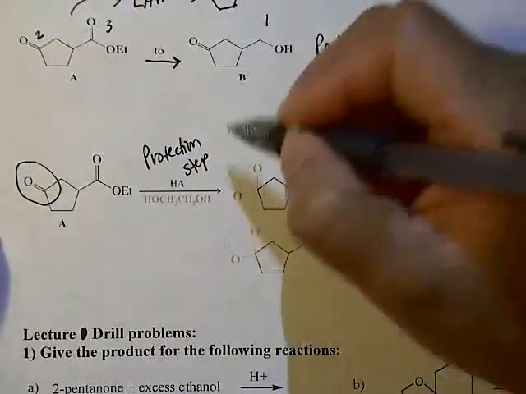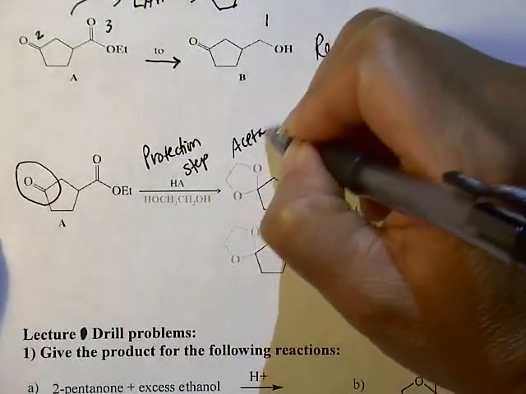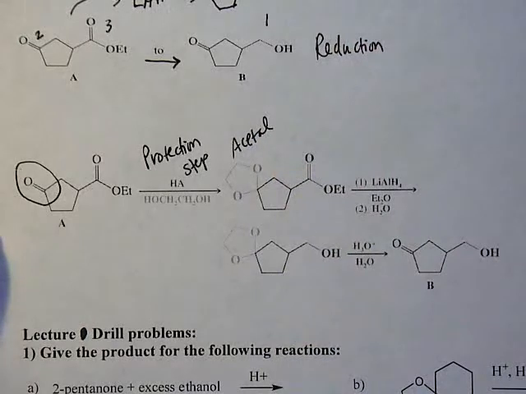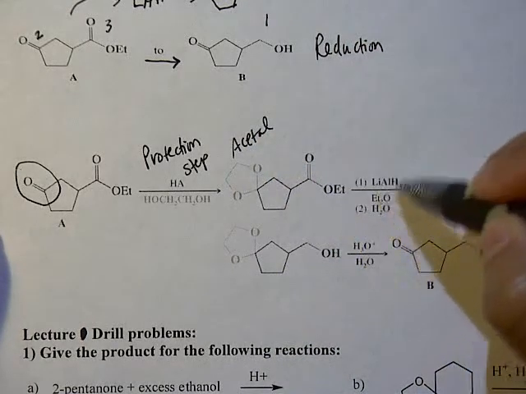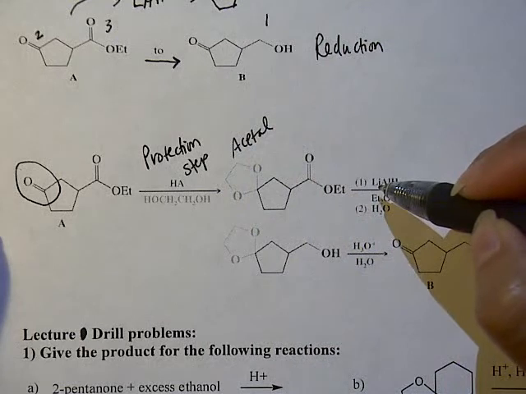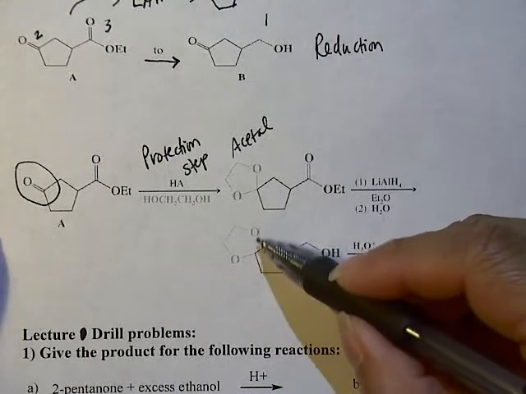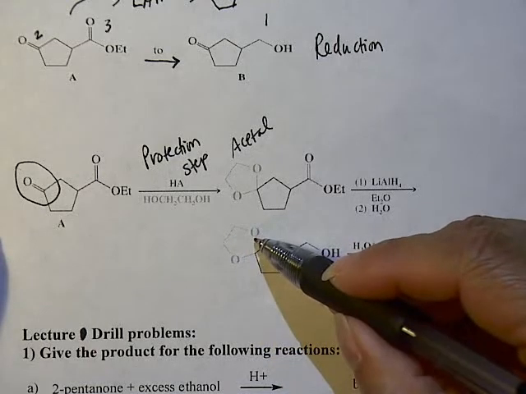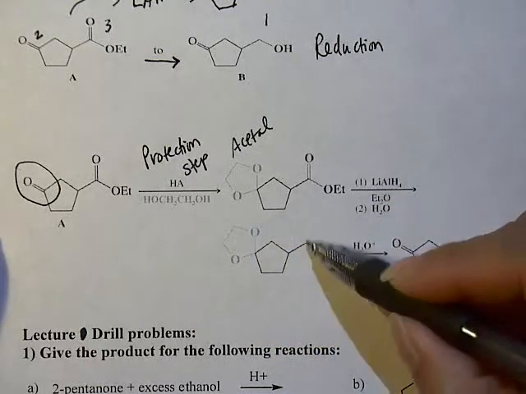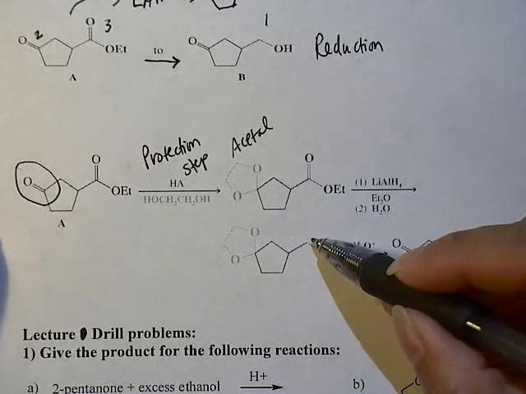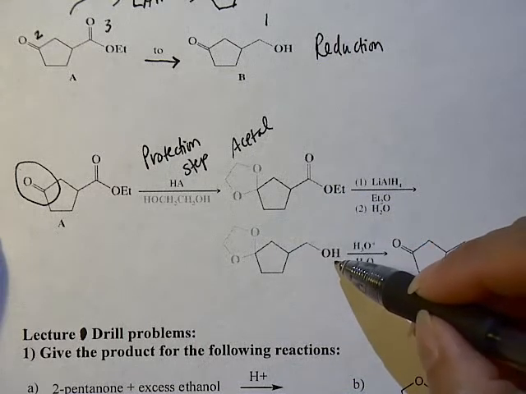We would convert it to an acetal from a ketone. And then we use the reducing agent, lithium aluminum hydride. And notice that it does not do anything to the acetal. It stays intact, and it only reduces the ester to alcohol.